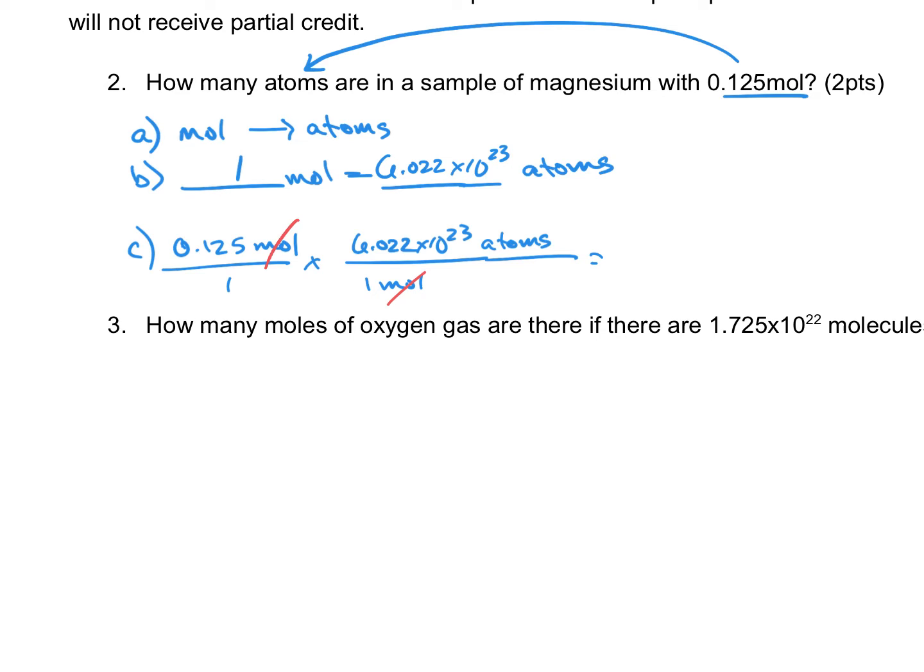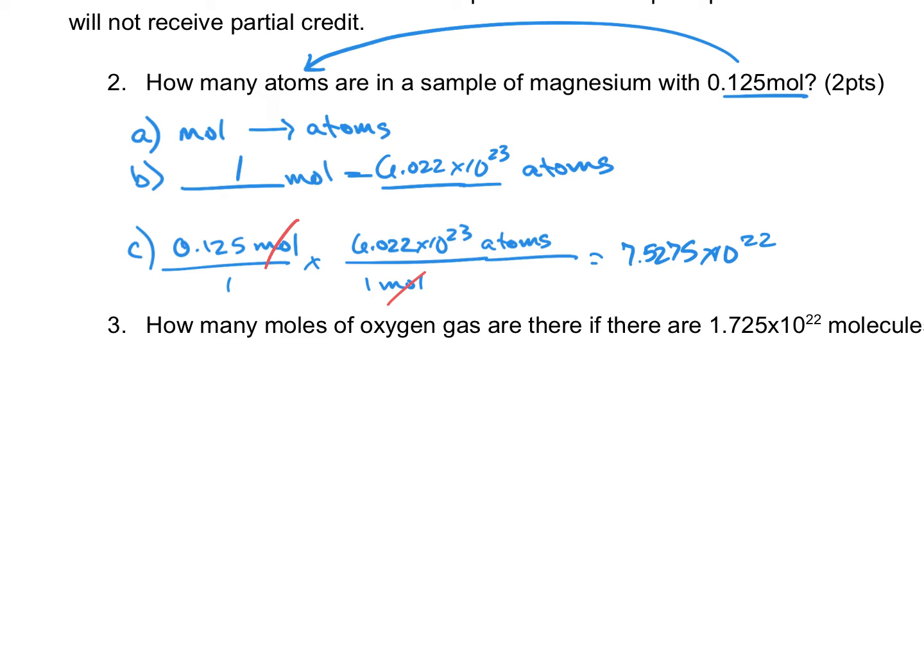So after you do this setup, then you can use your calculator to set the number 0.125 times 6.022 times 10 to the 23rd, so that the number that the calculator displays is 7.5275 times 10 to the 22nd.